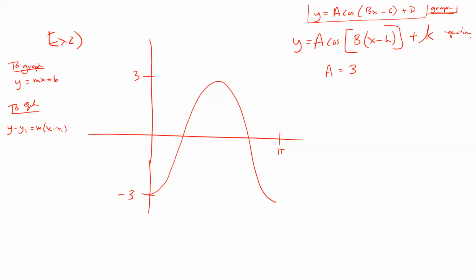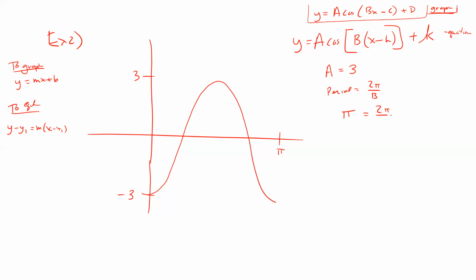Okay, so how do we do this? What do we do with b? We go with the period that we know. Period is equal to 2 pi over b. In this case, the period that we have here is pi.